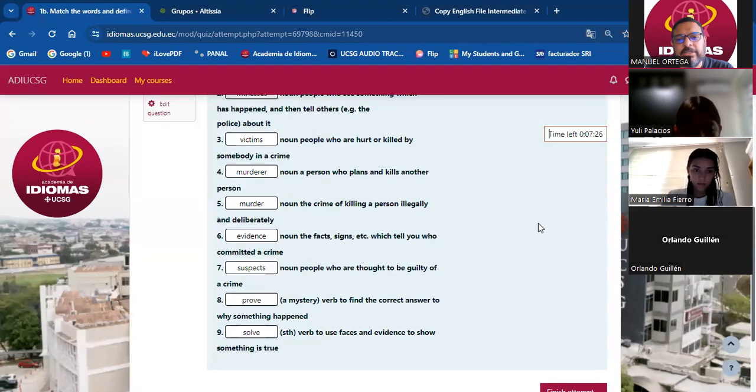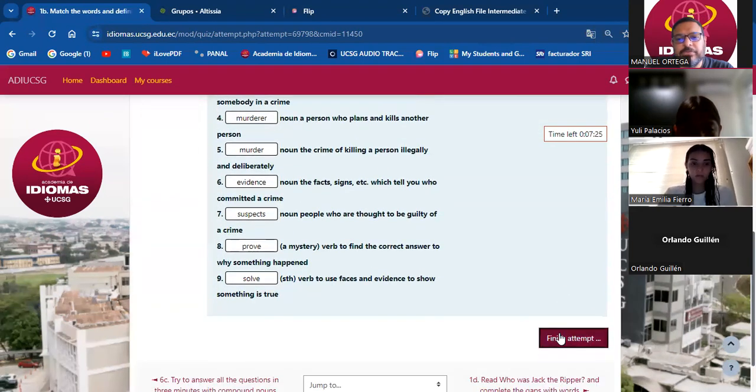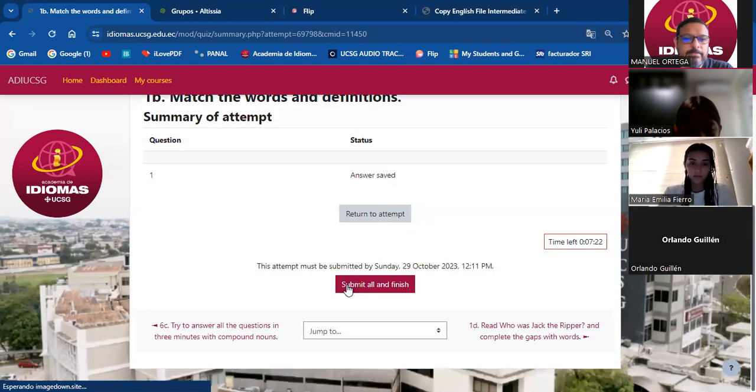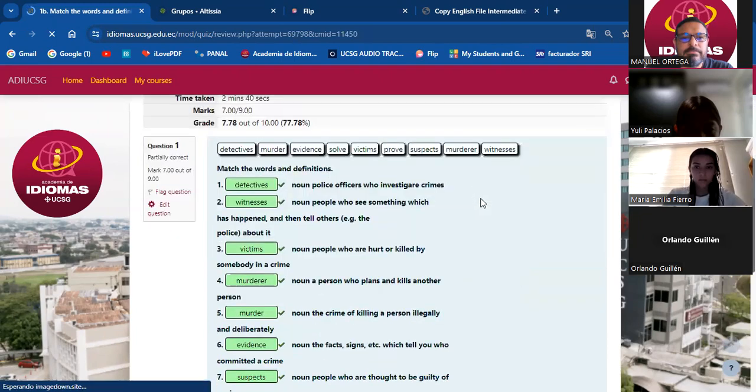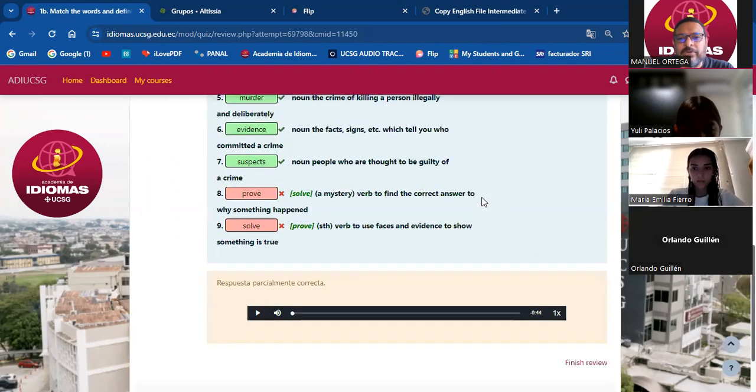Okay, let's take a look what we got with those recommendations. Only one change, the last two. In number 8, to find the correct answer, that one is solve. And number 9, use facts as evidence, that one is proof.